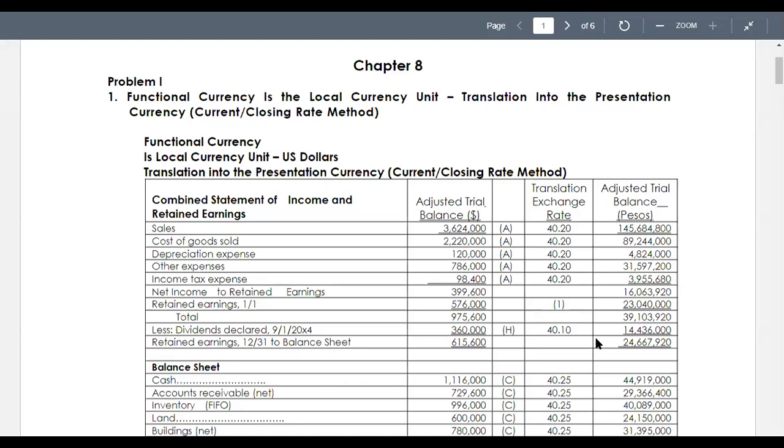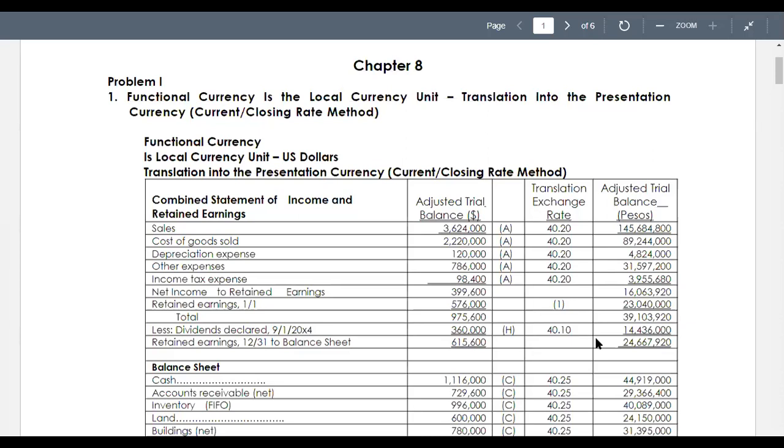Translation gains or losses are taken to other comprehensive income until the investment is disposed of, for the purpose of recording the items which are considered to be your items to be translated.